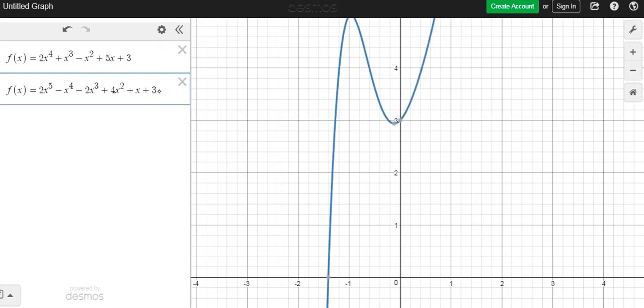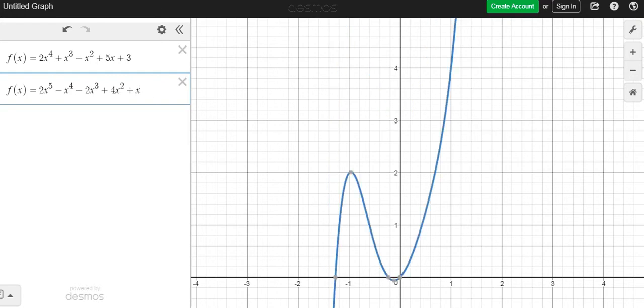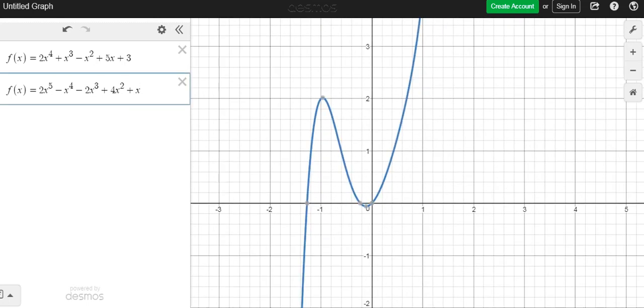Let's do this. Backspace, backspace. That crosses twice, right? Oh no, 3 times. 1, 2, and it's hard to see the third one. 2 and 3. You see that? So it could cross as many as 3 times. It could cross twice, but it has to cross once. Okay?